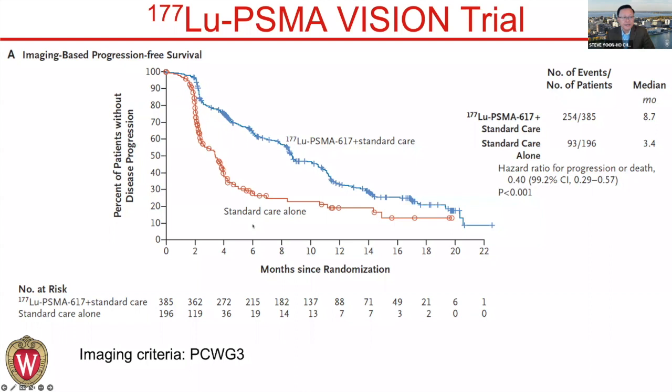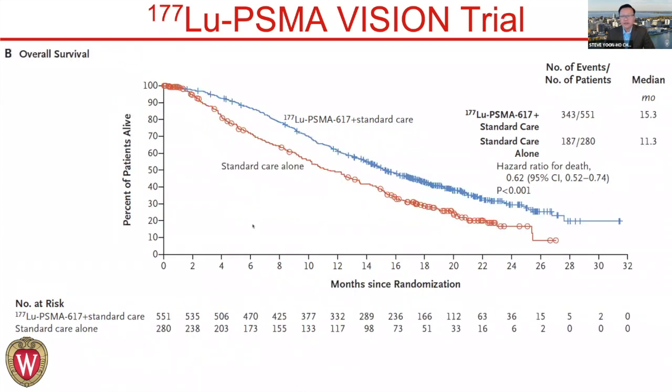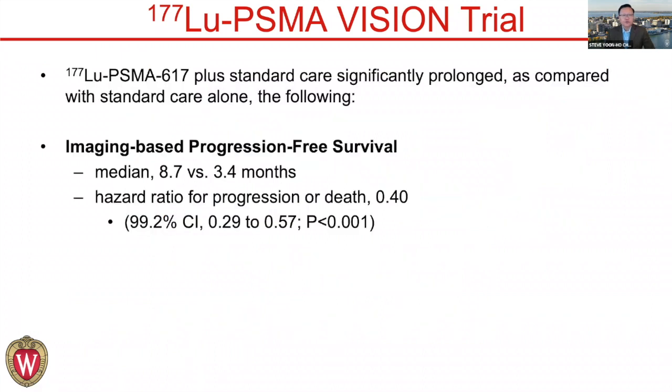And this is based on image-based progression-free survival, so based on imaging findings. And then when you take a look at overall survival, you can also see that the 617 plus standard of care therapy had statistically significant improved overall survival compared to standard of care alone. So lutetium PSMA plus standard of care therapy significantly prolonged the following as compared to just standard of care alone.